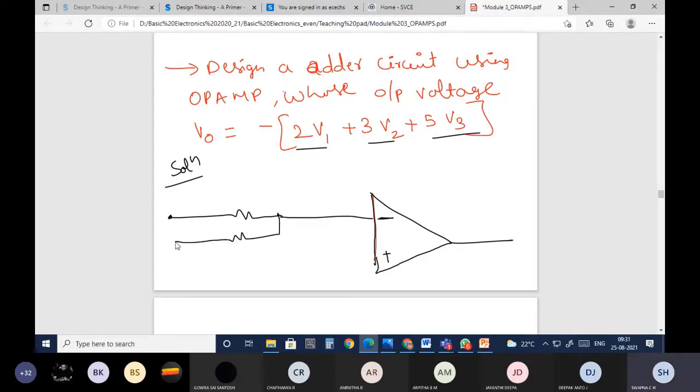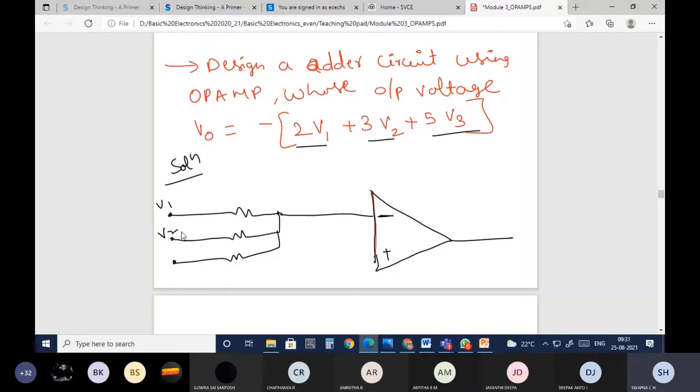The same circuit, whatever we have drawn for the adder circuit. So this is V1, this is V2, and this is V3. Let me name these resistance values as R1, R2, R3, and I'll have the feedback resistor RF, and this is my V0, and as you know, this will be grounded. Okay, so this is the circuit.